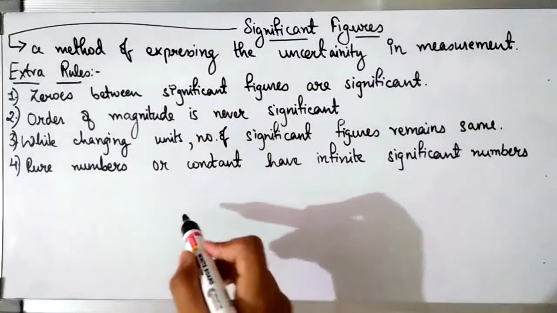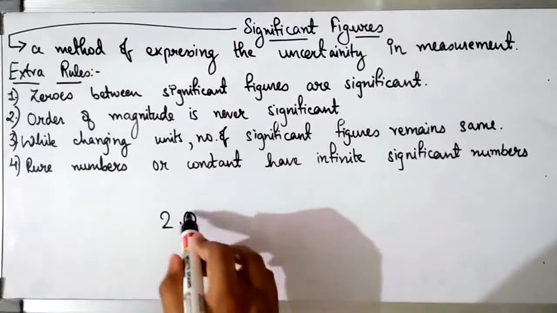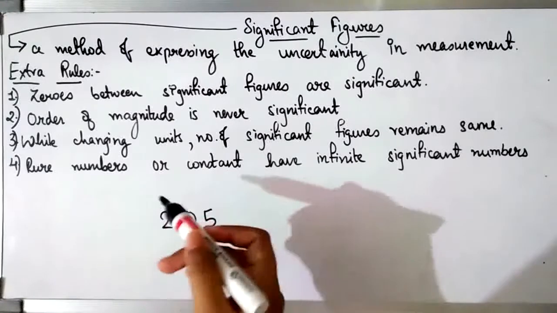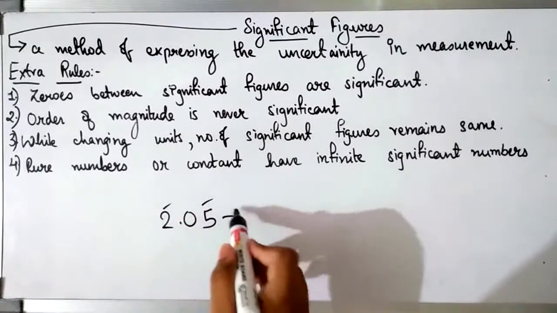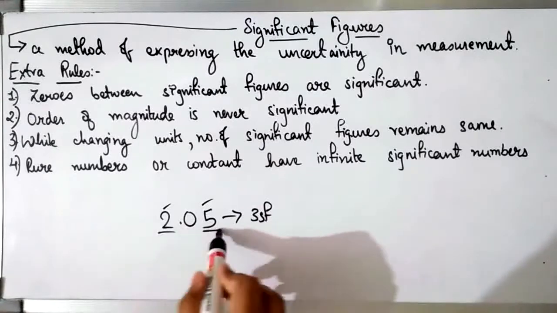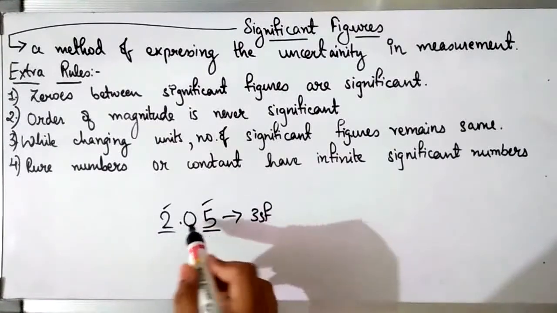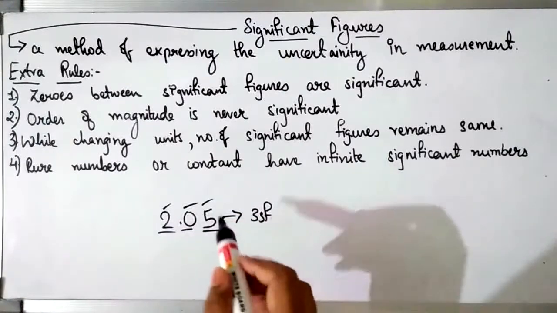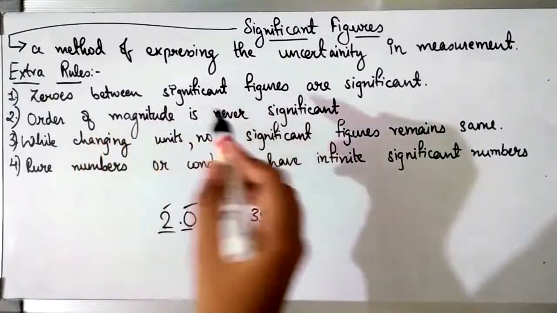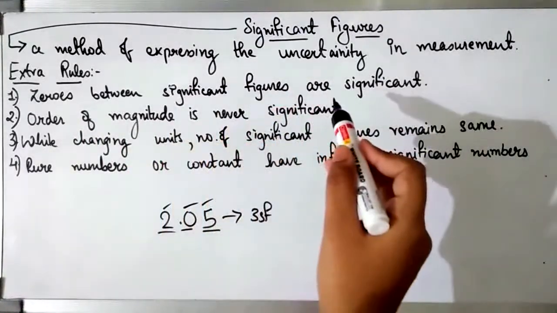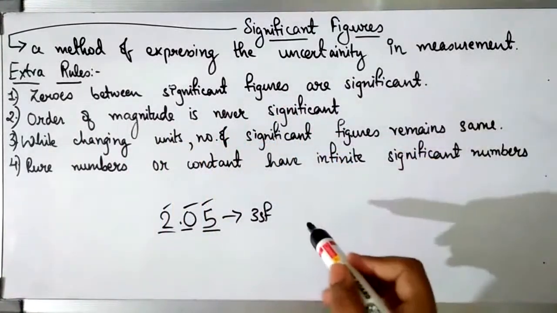Now previously I told you that when zeros are present between two non-zeros, they are significant. For example, just now I told you that over here we have 3 significant figures, because these 2 are non-zeros and non-zeros are always significant. Then over here this 0 is present between 2 non-zeros, so it becomes significant. But over here the statement is a little different because it says that when zeros are present between 2 significant figures, then also they are significant.